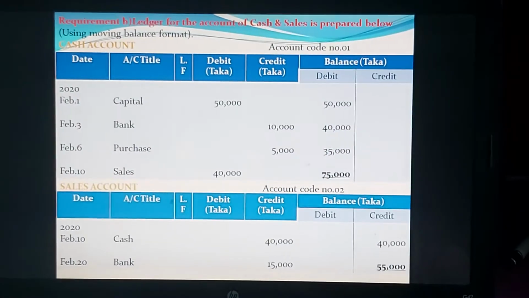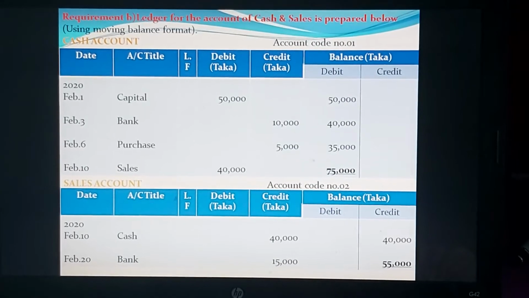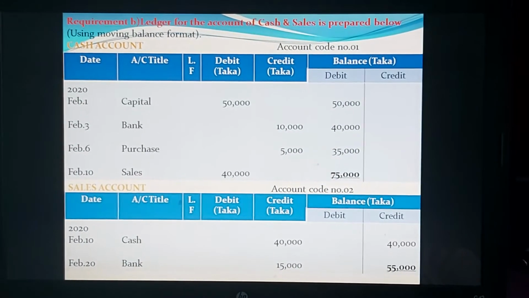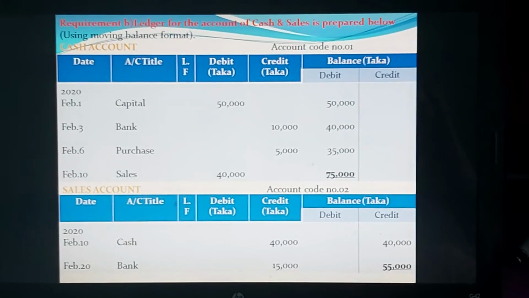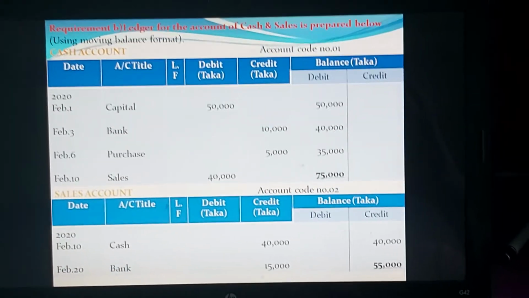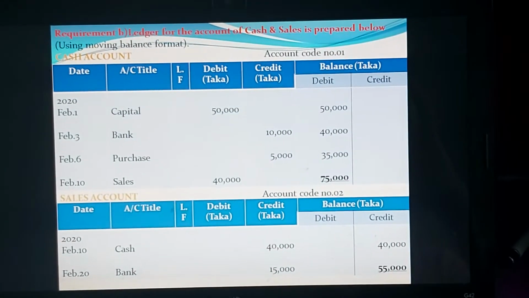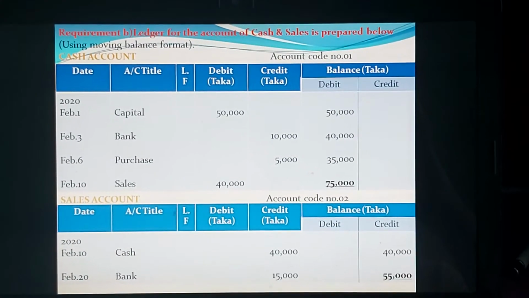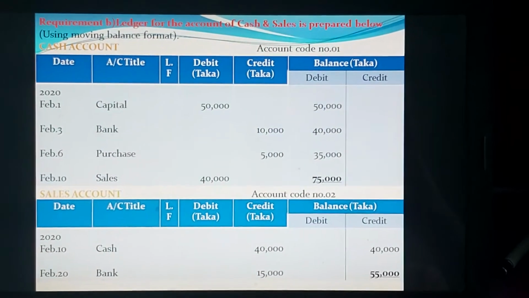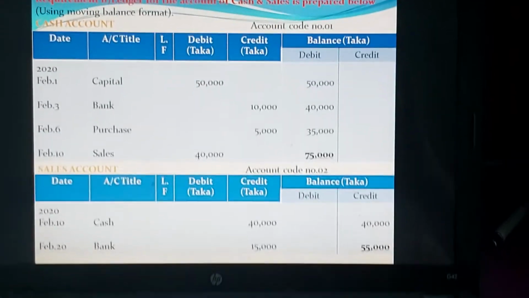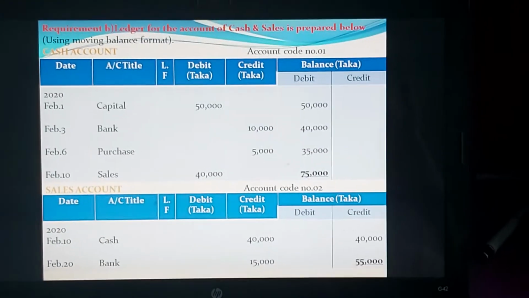Okay, you have to go to the sales account. In the date column, February 10, in the account title column, when any ledger account is prepared, the opposite or reverse account is to be written. So February 10 cash account debit, sales credit.